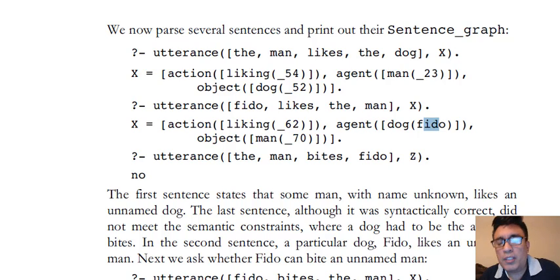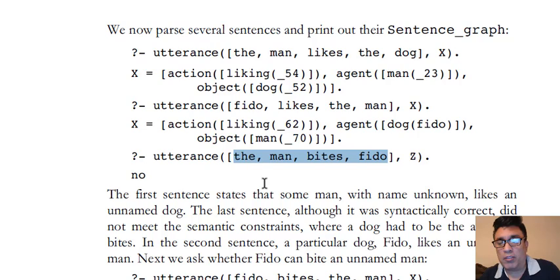So we're following the same constraints about the grammars like we had before, but there are now additional constraints with the semantics. Like in this third example, look that we're getting a no, even though this is a well-formed sentence in the grammar.